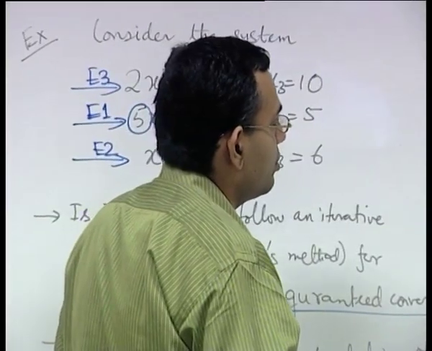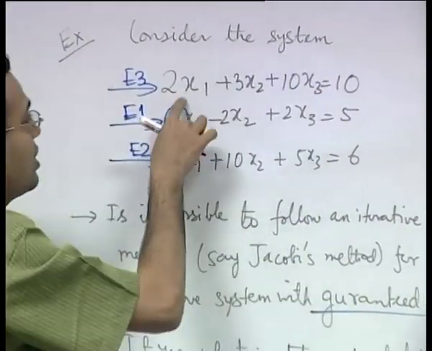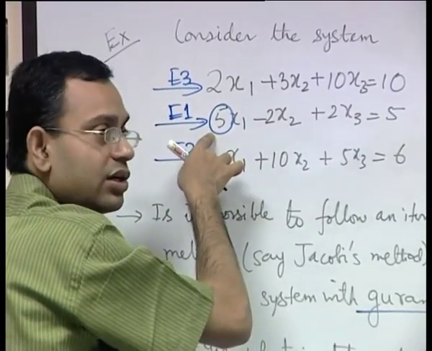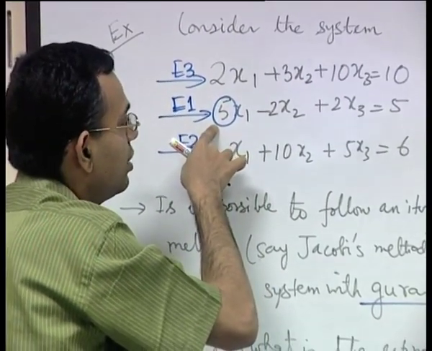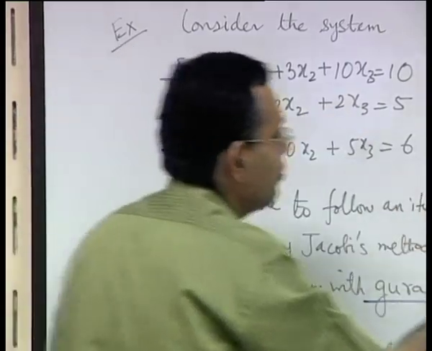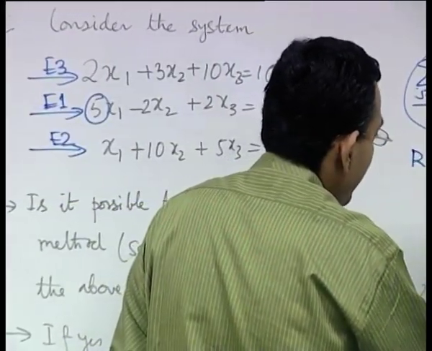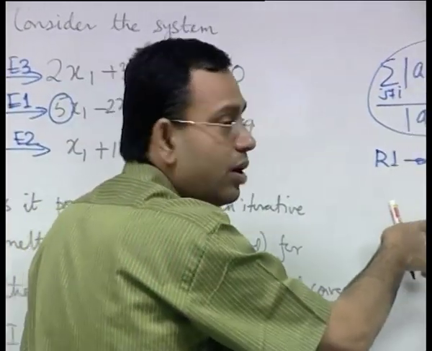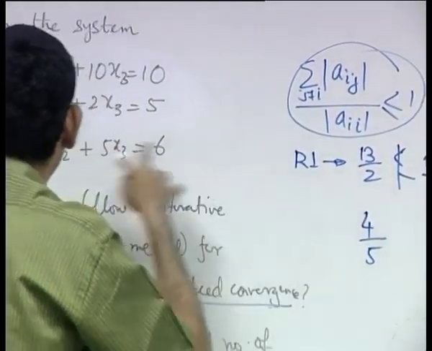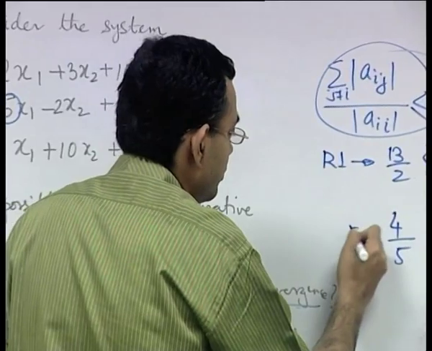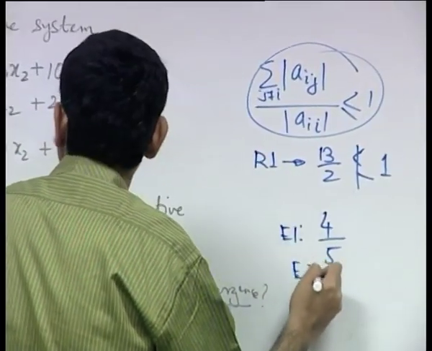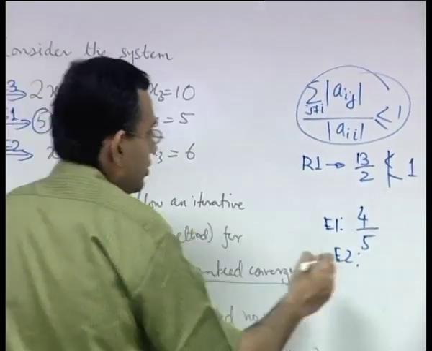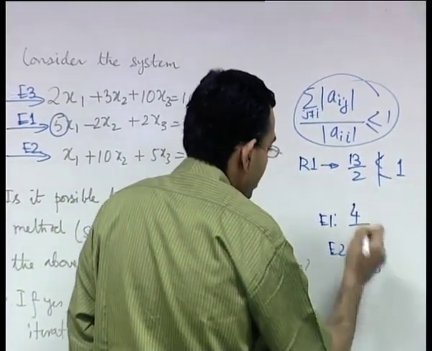Out of all the rows, what will be the row sum norm? The first row corresponds to equation 1. So, that is 2 plus 2, 4, divided by 5: the sum of the magnitude of the off diagonal terms divided by the diagonal. For the second one, it is 5 plus 1, that is 6 by 10.